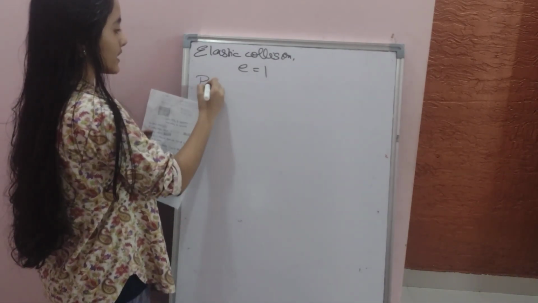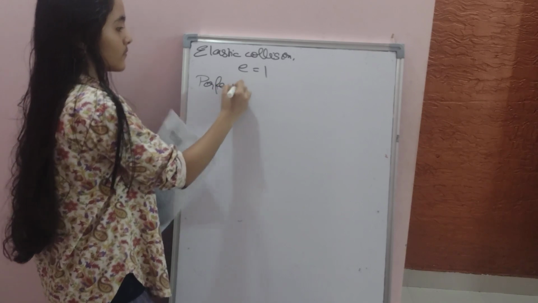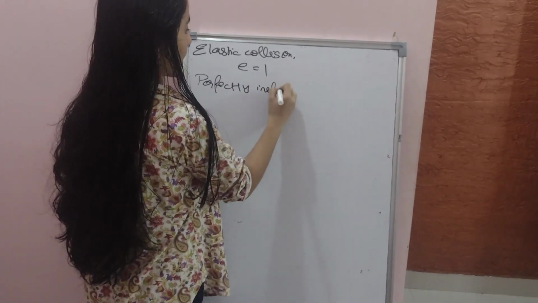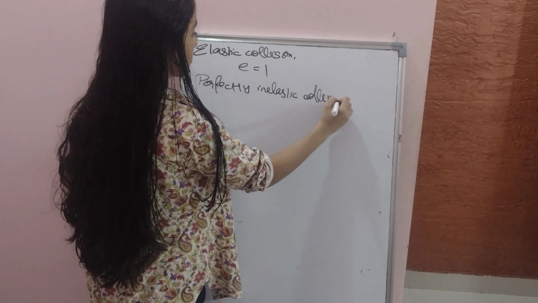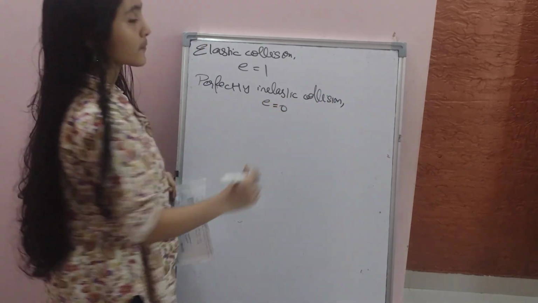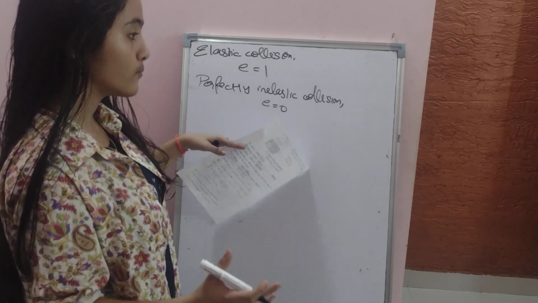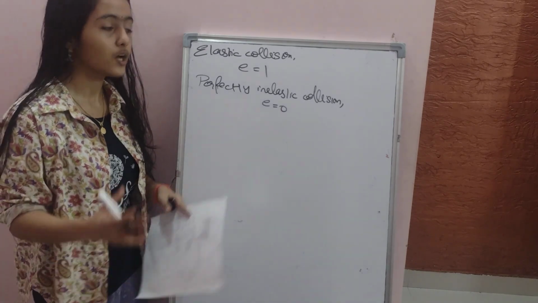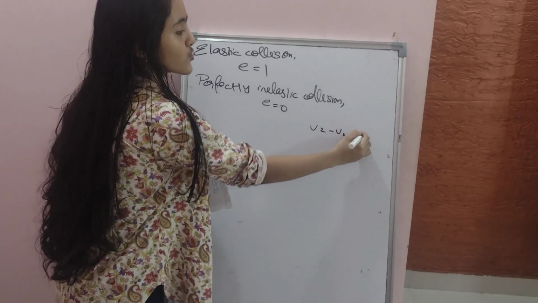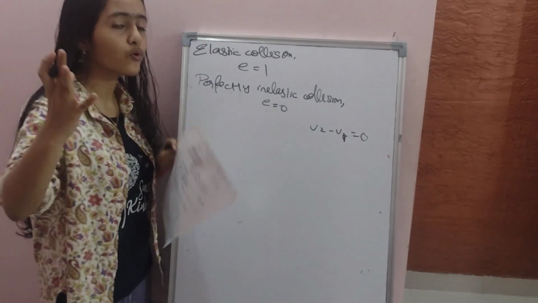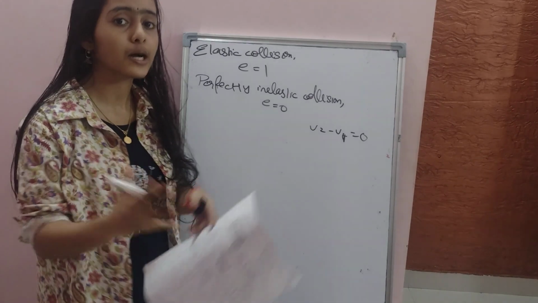For perfectly inelastic collision, E value is 0. That means in a perfectly inelastic collision, one body gets embedded into another body. So what will be the final relative velocity? There is no relative velocity, that is 0, because these bodies have become joined together, they have become a combined system.